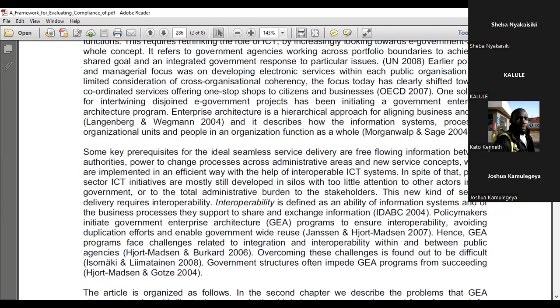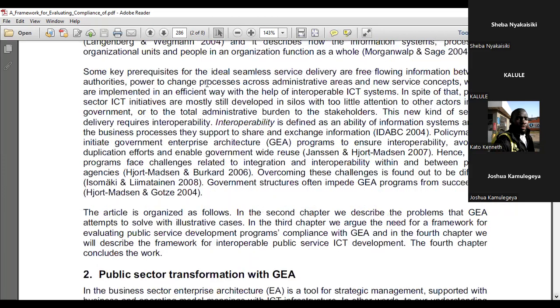It describes how the information system processes, units, and people in organization function as a whole. Some prerequisites for ideal seamless service delivery are free-flowing information between authorities, power to change processes across administration areas, and new service concepts, which are implemented in efficient ways. All of this is just background.